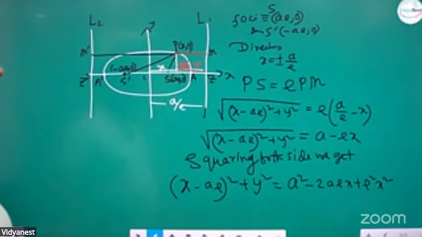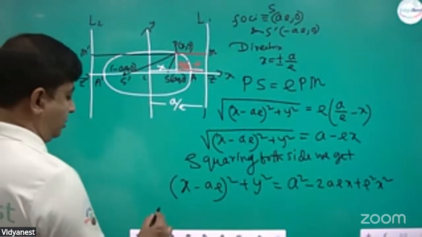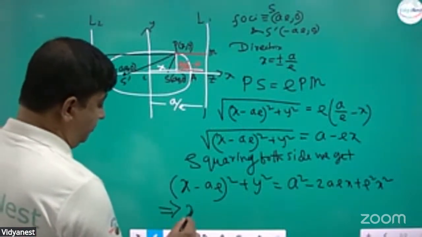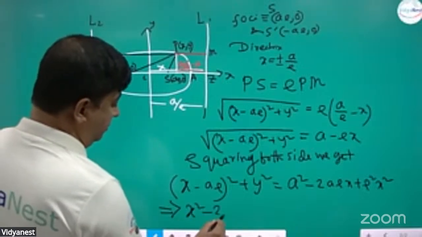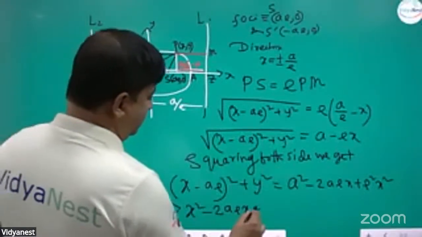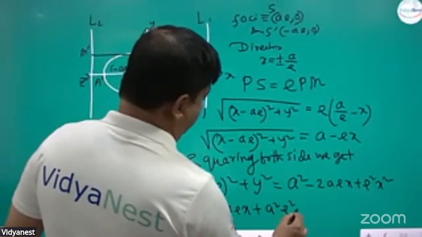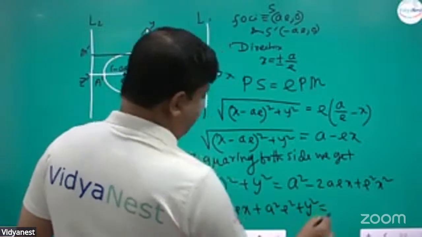Now open the brackets and see the outcome. x square minus 2ax plus a square plus y square.